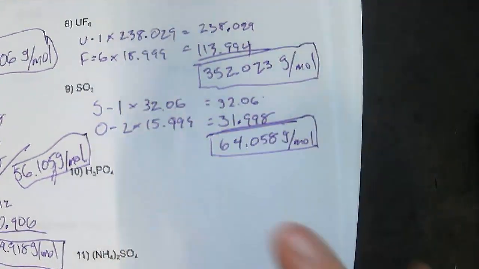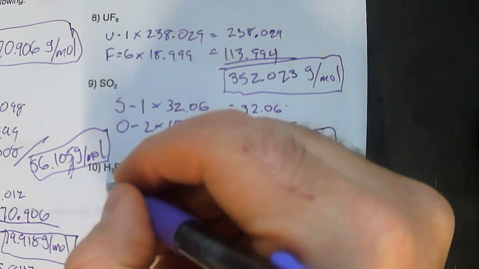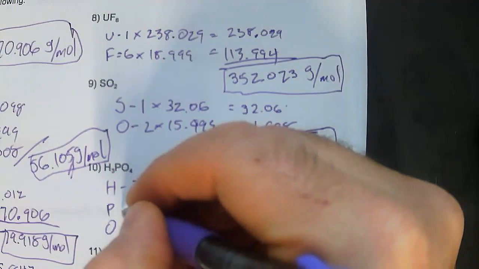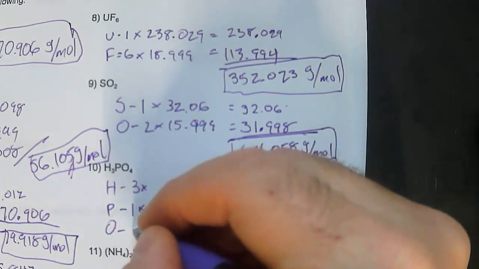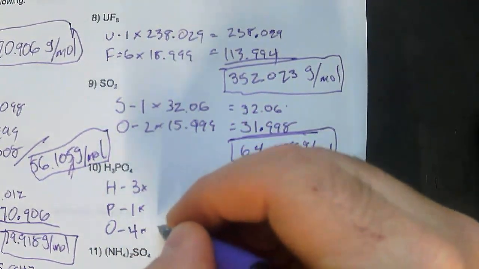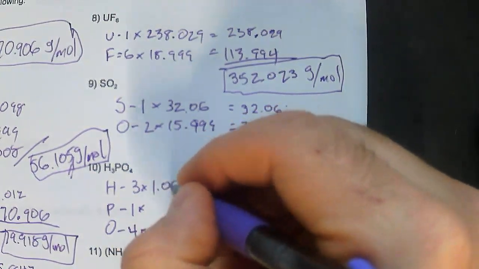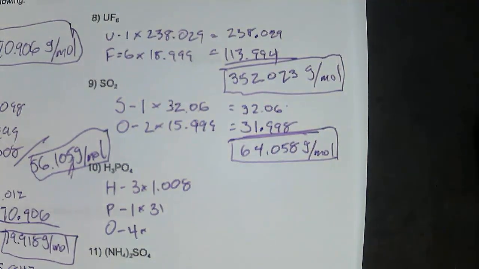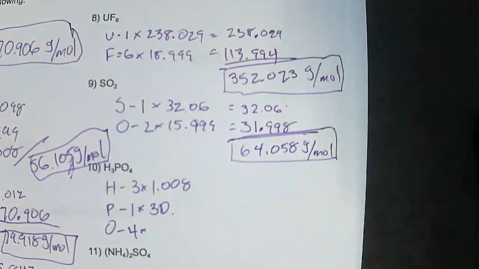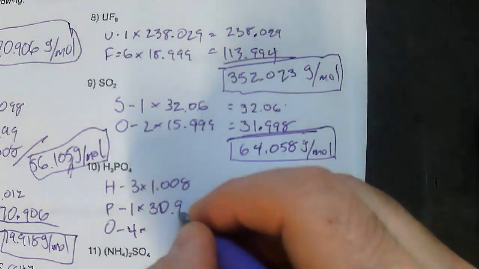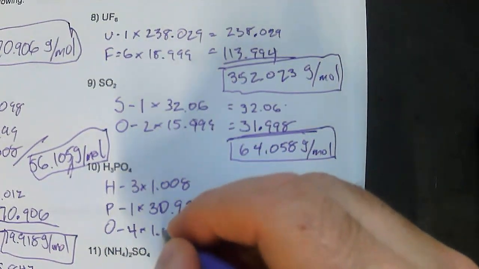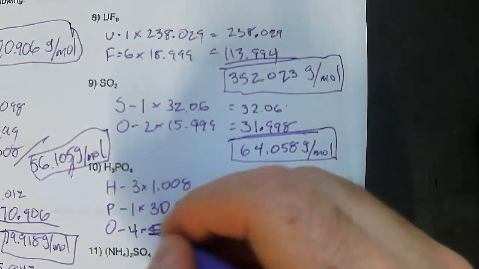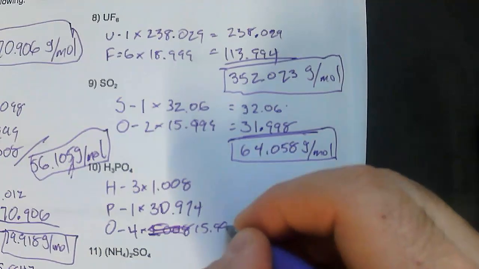H3PO4. So we have H, P, O. It's 3 times something, 1 times something, 4 times something, and this is 1.008. 30.974, and this is 15.999 oxygen.